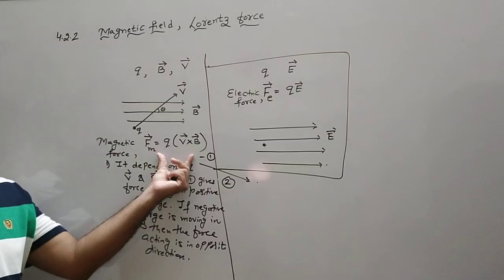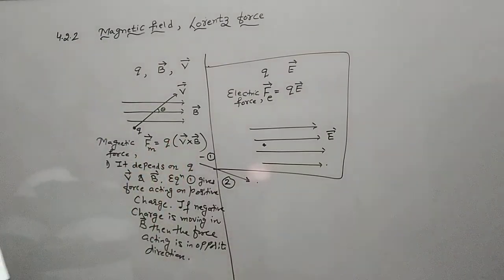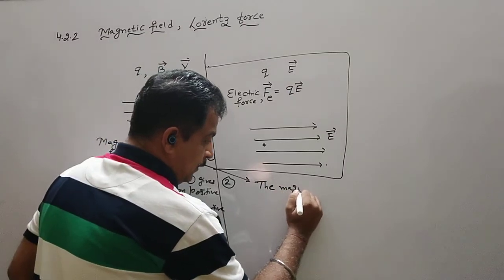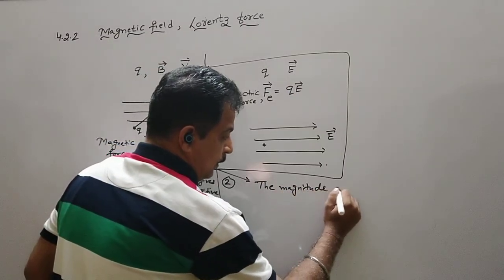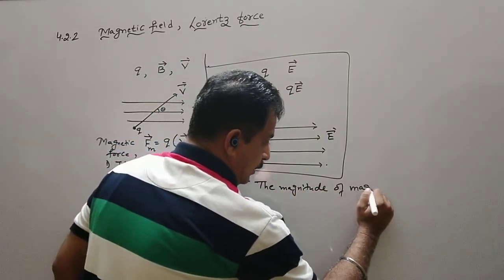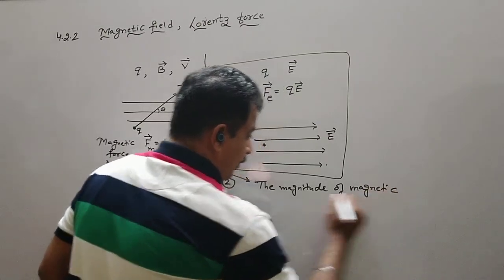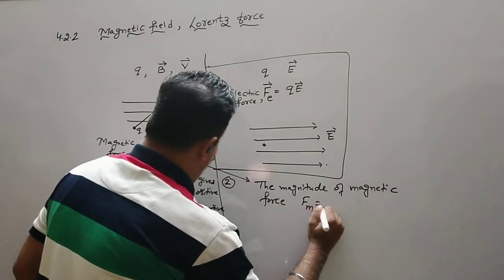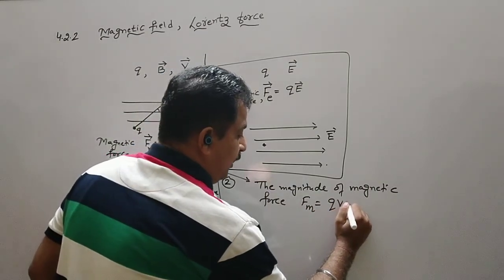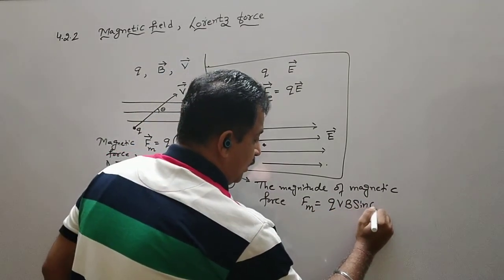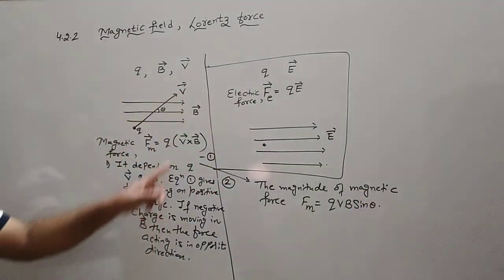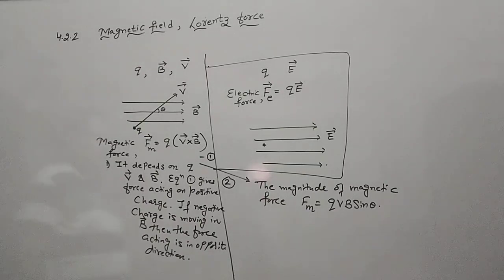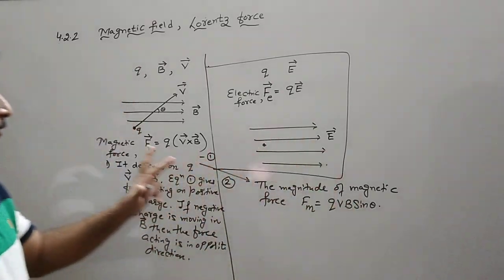If I have to write down the magnitude of the magnetic force, that is F will be equal to QVB sin theta, where theta is the angle between V vector and B vector. So this is the magnitude of the magnetic force.